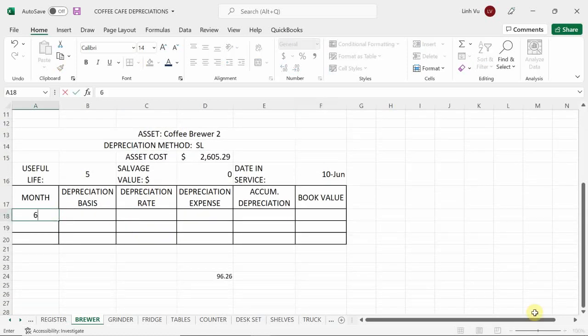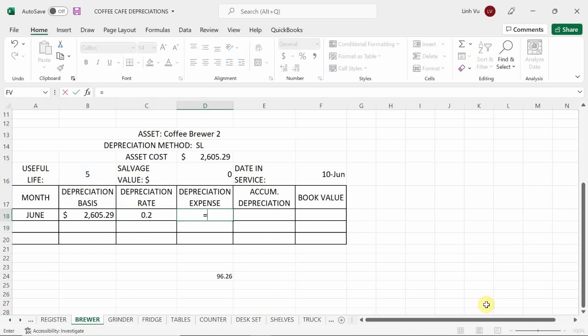So the second coffee brewer, we are depreciating it for the month of June. The depreciation basis is again your asset cost minus your salvage value of 0, so you've got your 2605.29. The depreciation rate is going to be 1 over the estimated useful life of 5 years, which is 20%.